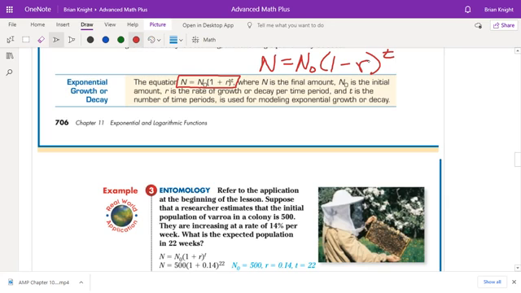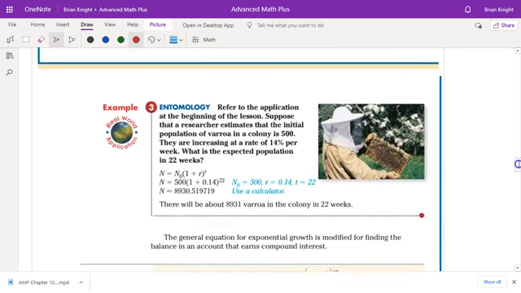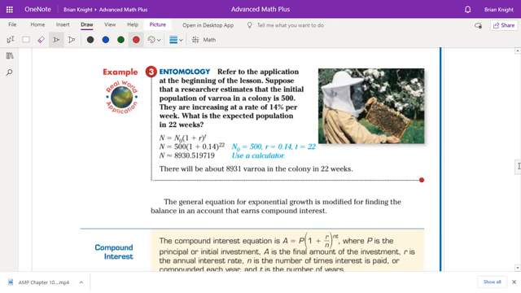So we use this stuff all the time. We're back to our mite question that they started out with. Those mites, they're called varroa again, if they start out with 500, the initial population is 500, they are increasing, so that's going to be growth, right? They are increasing at a rate of 14% per week. What is the expected population in 22 weeks?